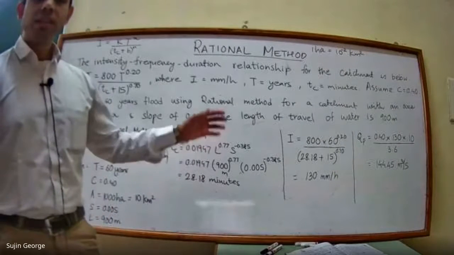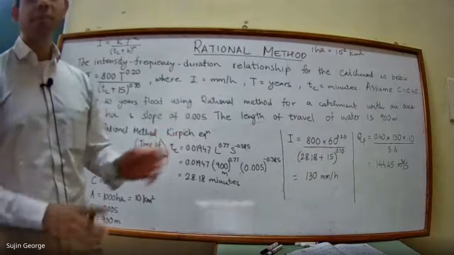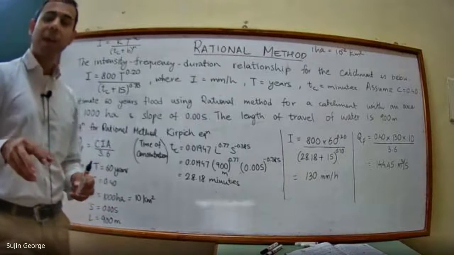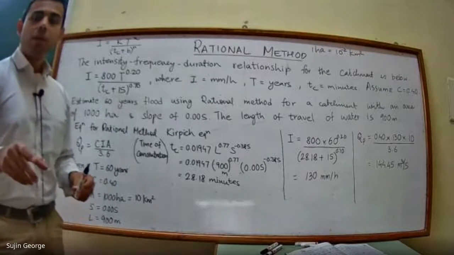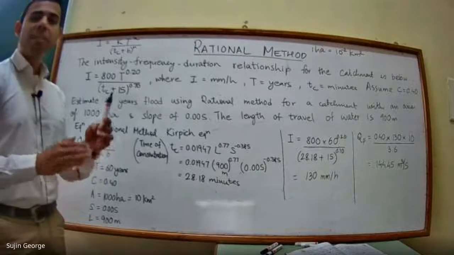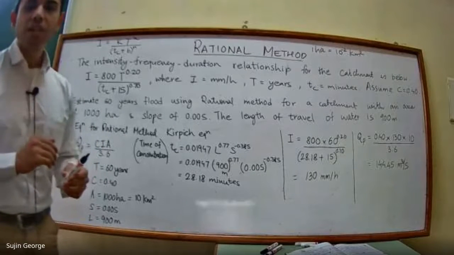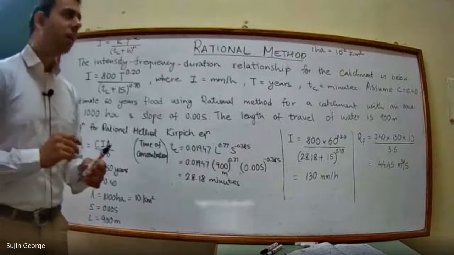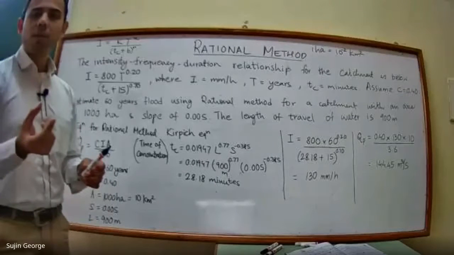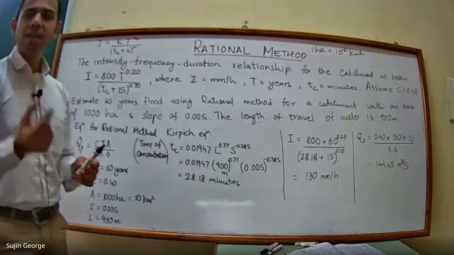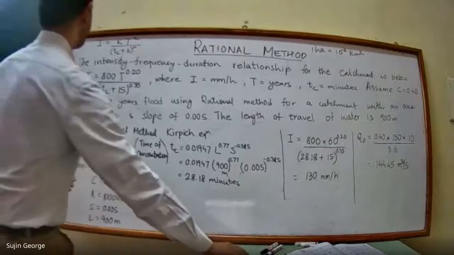Fine. So this type of problem is very much asked in your university exam as well as your GATE exam: how to calculate the maximum flood discharge using the rational method. So we'll take one more problem on this so that you can understand the concept more easily.